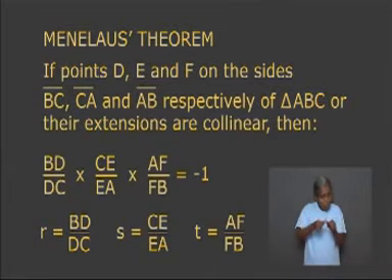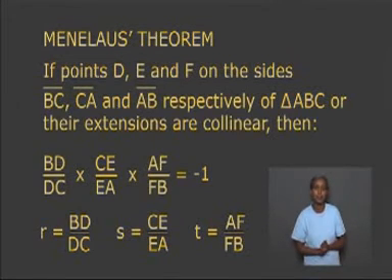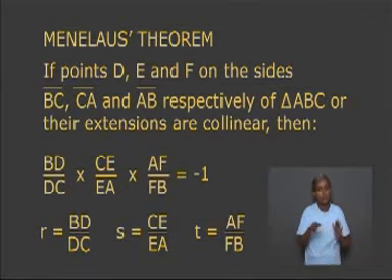Remember that, like all equations, it can be reversed. So, if the product of those ratios comes to -1, you know that D, E, and F must be collinear.